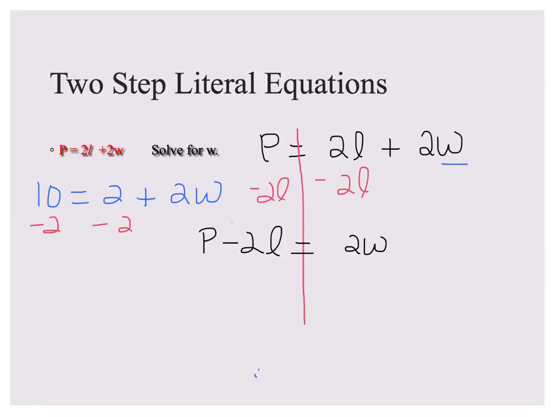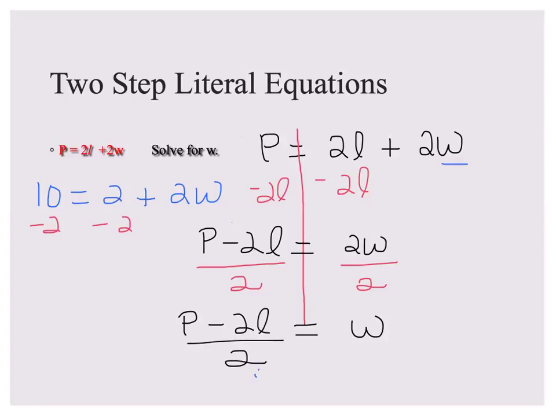We have to move the 2. Well, how can we move it? By dividing, because that's the opposite of multiplication. Over here, we're going to divide all of that by 2. So we're left with W equals P minus 2L divided by 2. This is our answer.